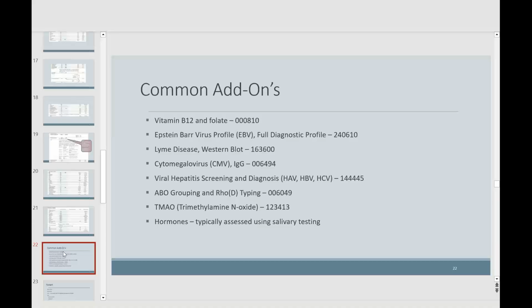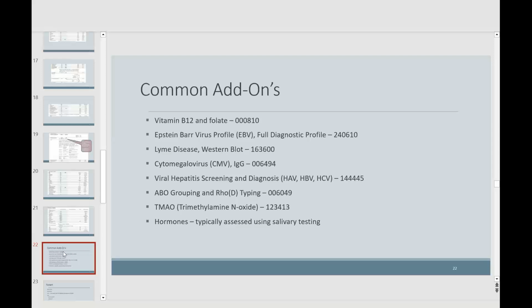I'll do TMAO as well. TMAO is a good marker, especially if somebody is taking carnitine, right? If you put them on acetyl L-carnitine, you want to track TMAO, because TMAO can then be a marker for damage to the heart.